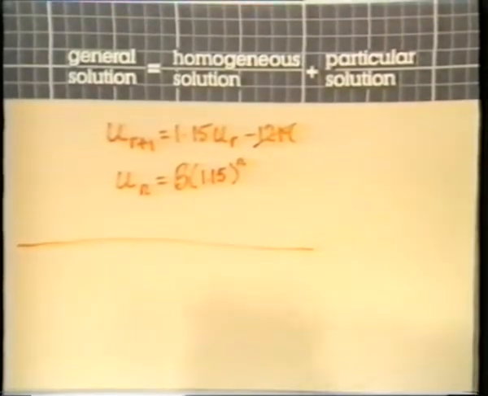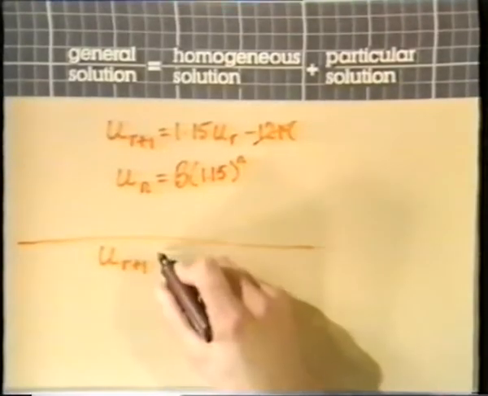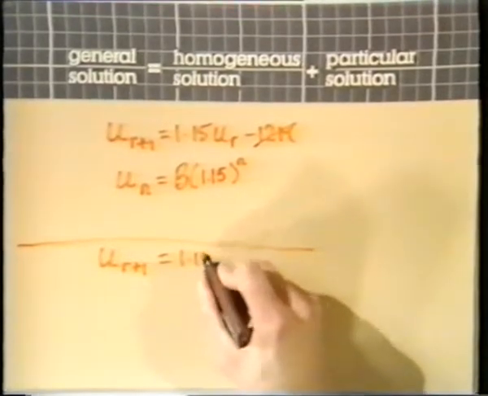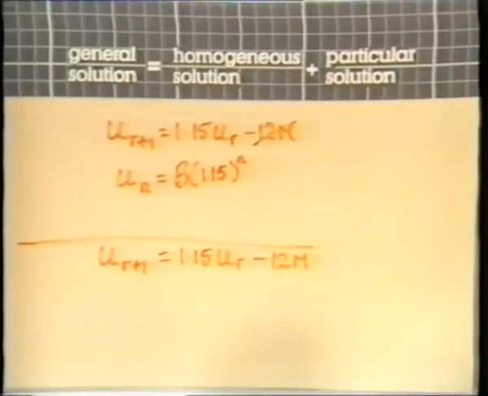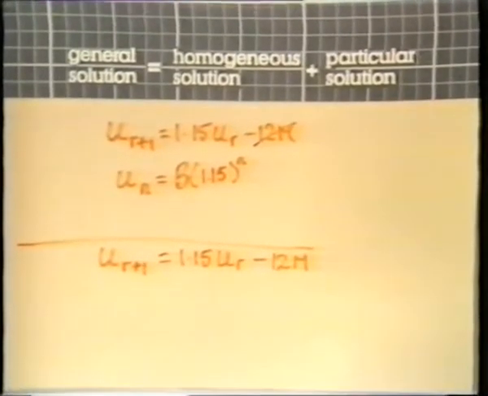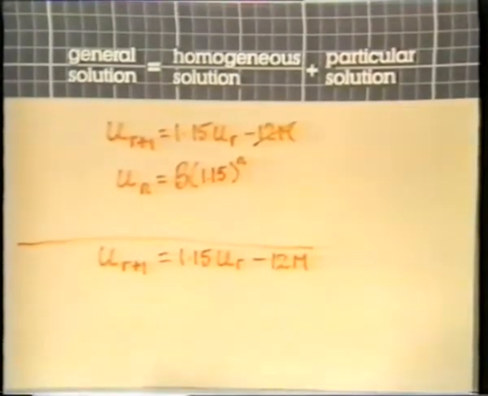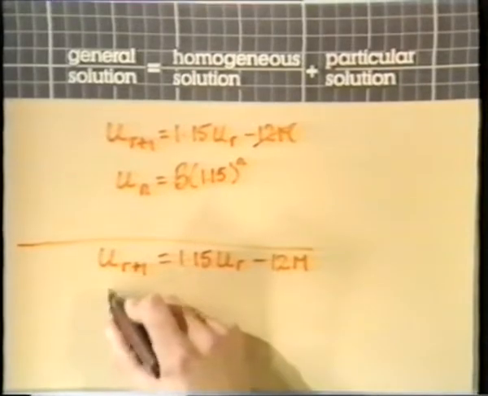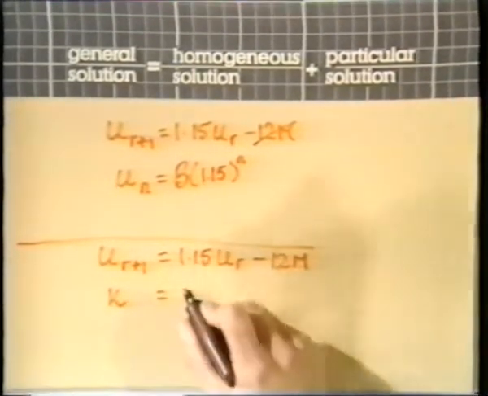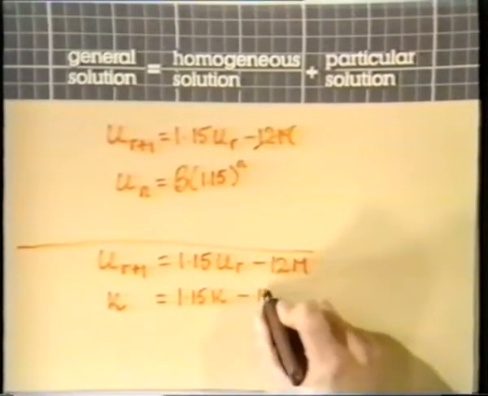For the second part of our solution, we need any particular solution of the non-homogeneous problem. And the simplest solution to this non-homogeneous problem is just of the form Un is equal to a constant. Let's call it k. And if we substitute that into the recurrence relation, we get k is equal to 1.15k minus 12M.